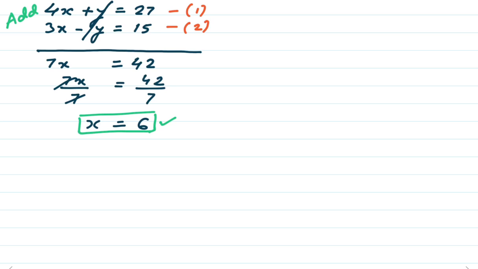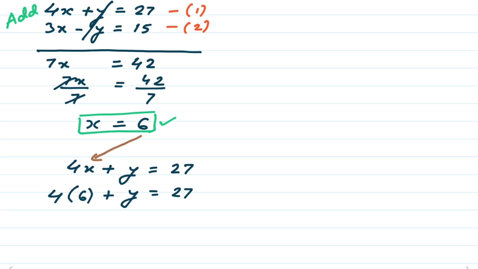Now, to find the value of y, let me take the first equation, which is 4x plus y is equal to 27, and replace the value of x with 6 here. So you get 4 times 6 plus y is equal to 27.